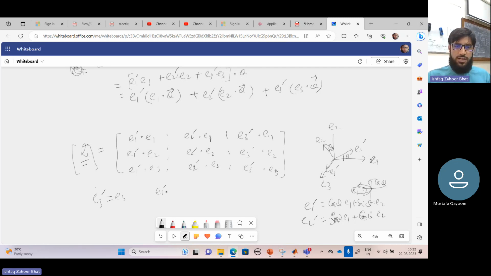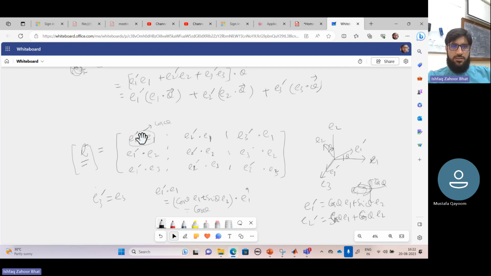So E1 dash dot E1 is equal to cos of theta E1 plus sine of theta E2 dotted with E1. So this will be equal to, E1 dot E1 is 1, so that is cos of theta, and E2 dot E1 is 0. So this term is nothing but cos of theta. Okay, similarly, you can evaluate other things.